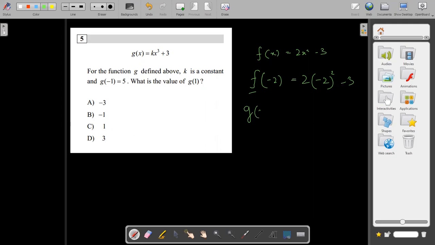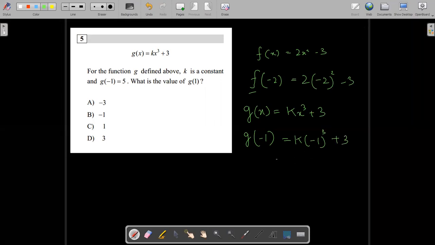So g of x equals kx cubed plus 3. And it's already telling you g of -1 is 5. So let us see what g of -1 will become. g of -1 will be k times -1 cubed plus 3.